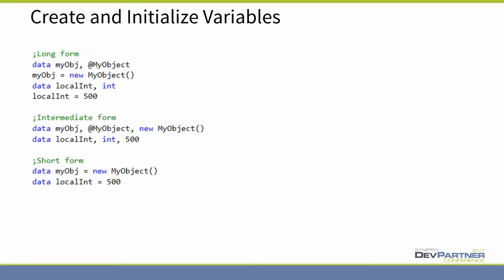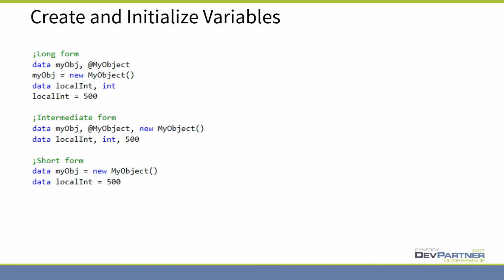The local int is a similar type of defining a local int variable as an int, and then indicating or setting it to the value 500. The intermediate form below that is essentially the same information, just compacted into 2 lines. So we took 4 lines and compacted into 2.